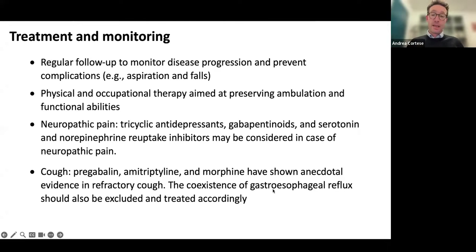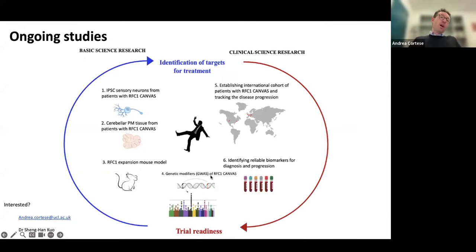And if there's any gastroesophageal reflux, this should also be treated. But often this is not enough to reverse and improve the cough completely. So that's a little bit of what we're doing at the moment.